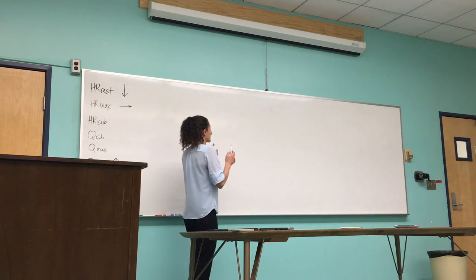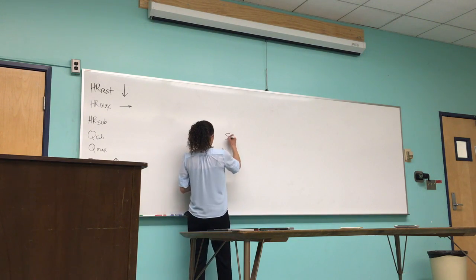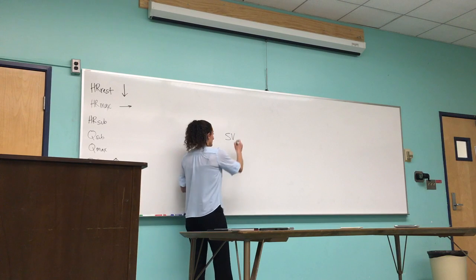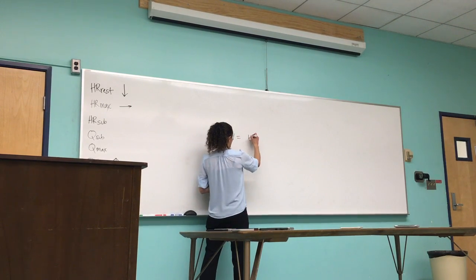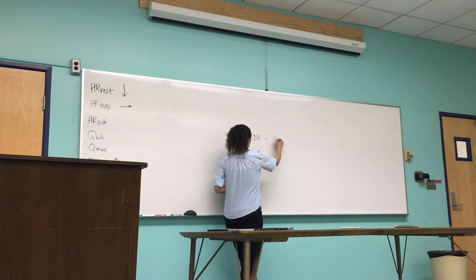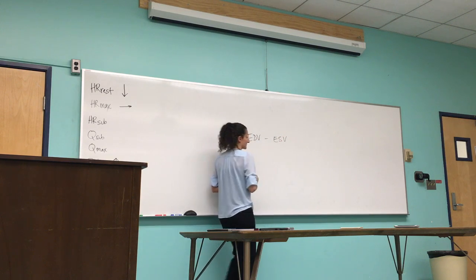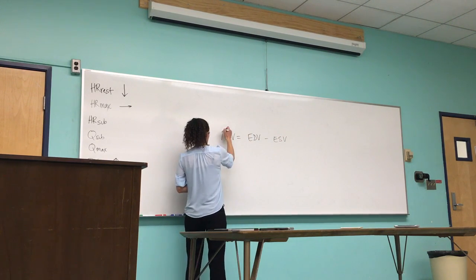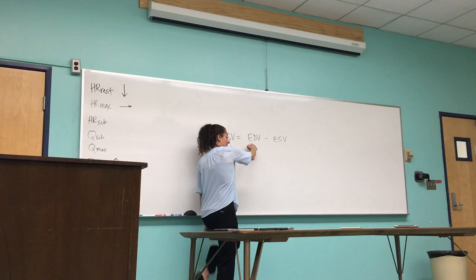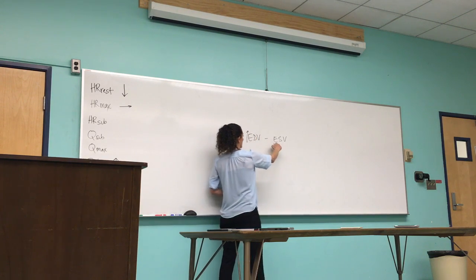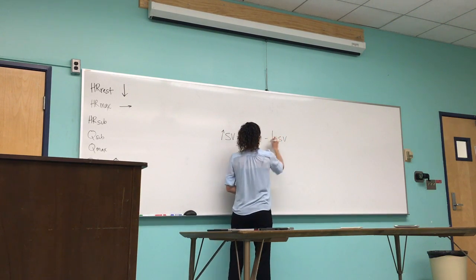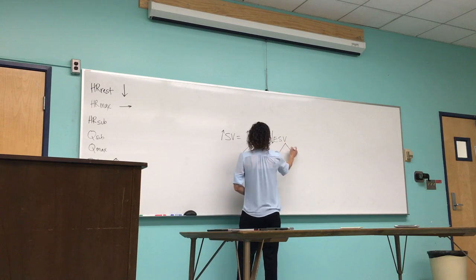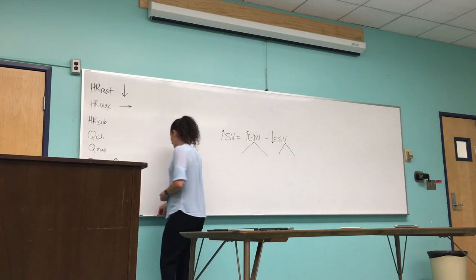Okay? So you have to remember, if you're thinking about what's going to affect stroke volume, you have to think about it in terms of this. We know stroke volume is going up, so what's going to happen to end diastolic volume? Increase. What's going to happen to end systolic volume? We've seen this before.